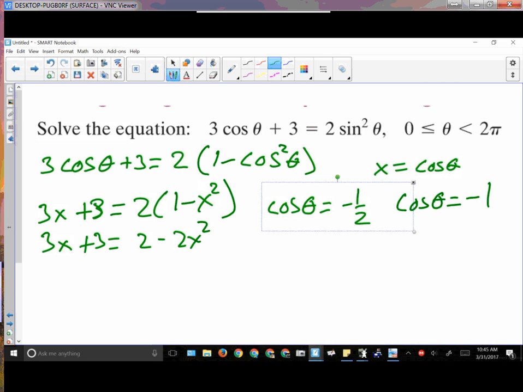So the question comes, where do you get cosine of theta equal to negative half? 4 pi over 3.